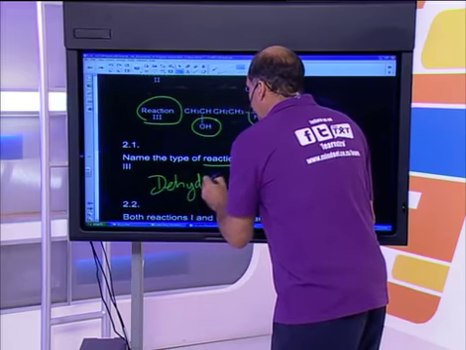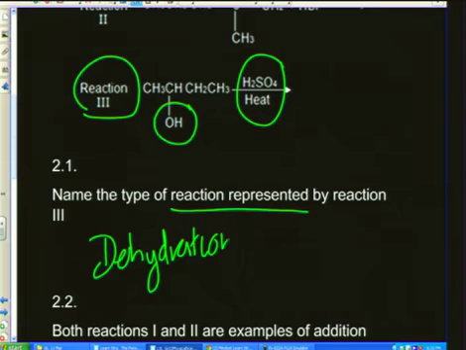So what that means is it's going to remove that hydroxyl and take it away, and take away a hydrogen from there as well, and a double bond is going to form. So make sure that you understand that. It's an example of an elimination reaction.